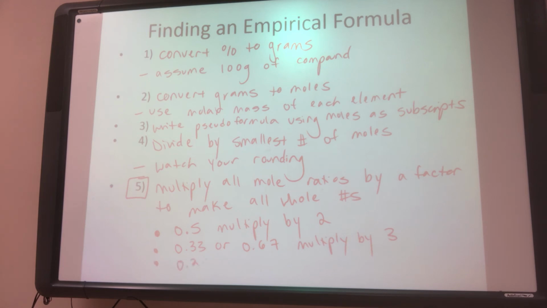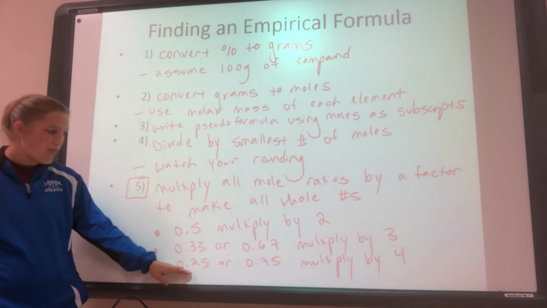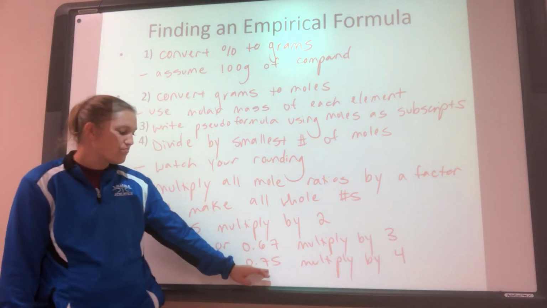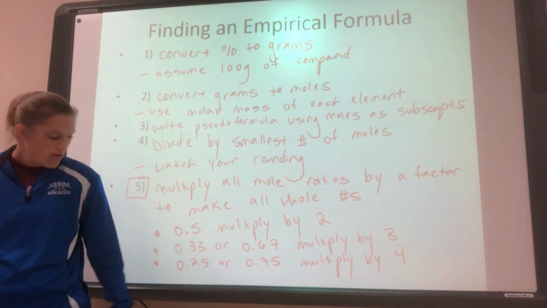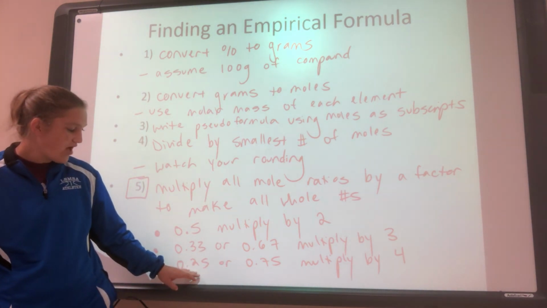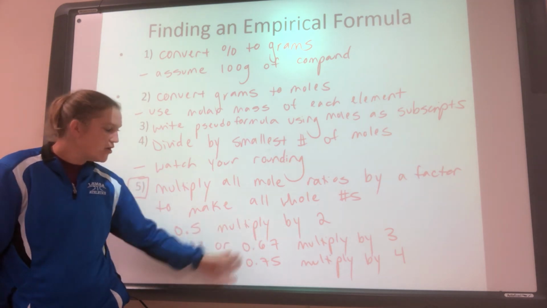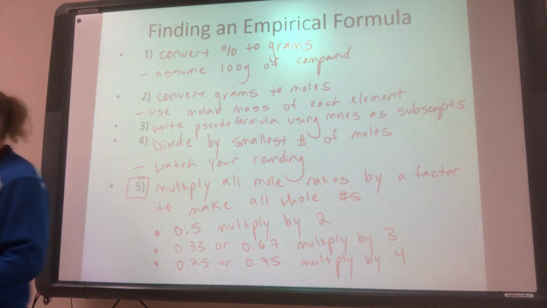Lastly, if it was 0.25 or 0.75, what would you multiply by? 4. Now, if the number is a lot lower than 0.25 or a lot higher than 0.75, at that point you could just round up or round down, okay? But if it's closer to 0.25 or 0.75 or in the middle, you have to do one of these rules, okay?